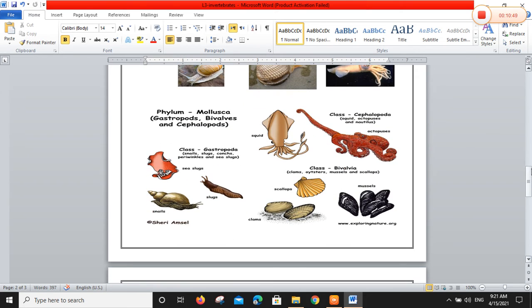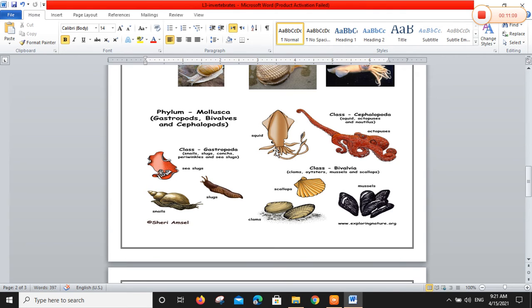Look at this page. Phylum Mollusca: gastropods, bivalves, and cephalopods. Look at the examples of gastropods. Look at snail, sea slug, and slug. Look at these without shell.